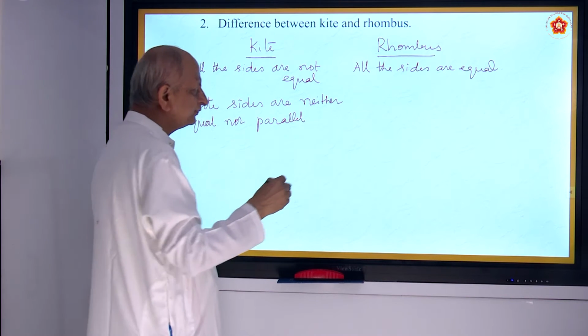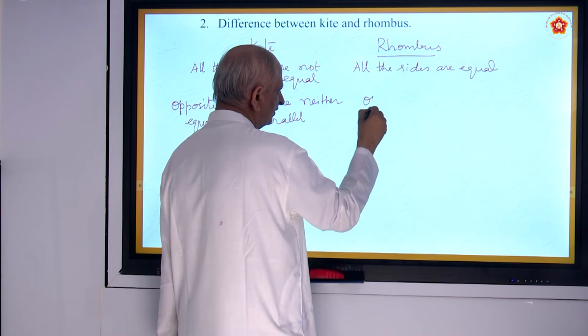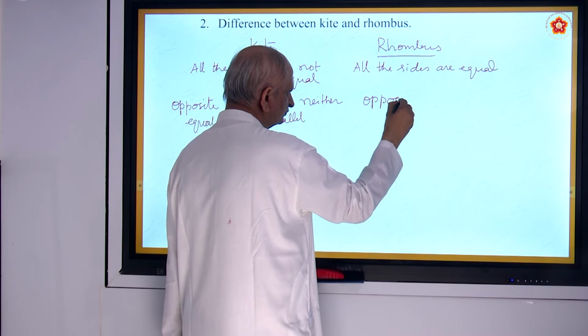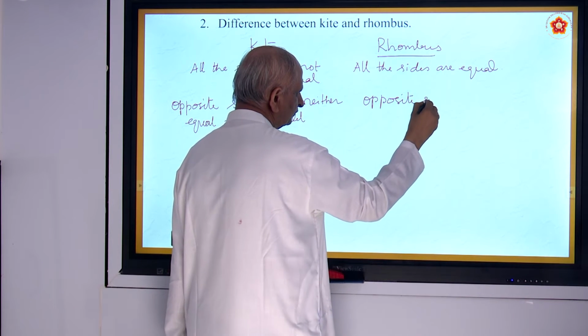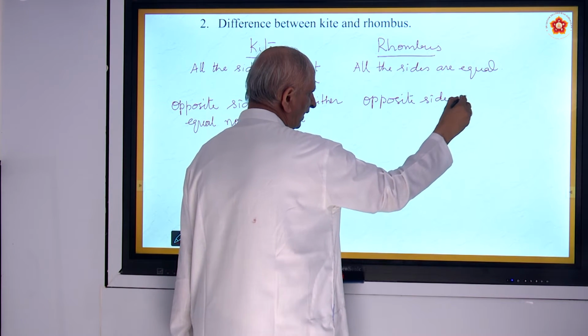But here, in a rhombus, opposite sides are equal and parallel.